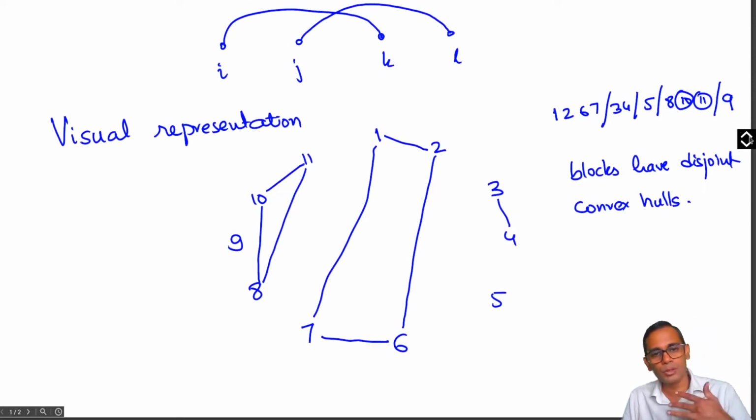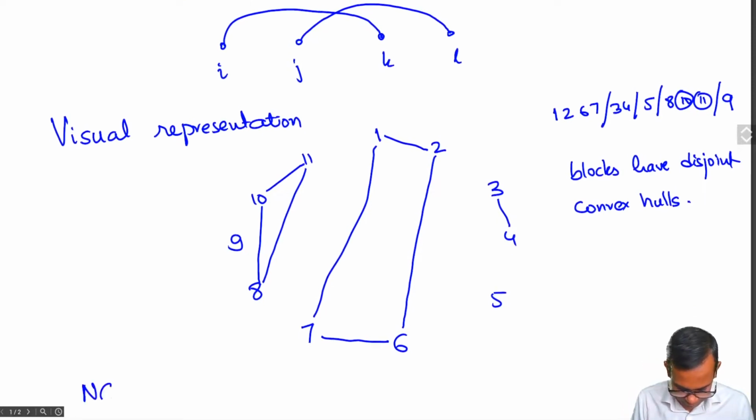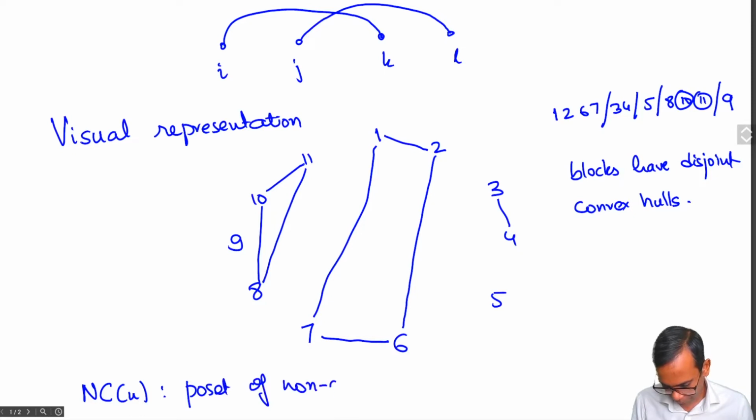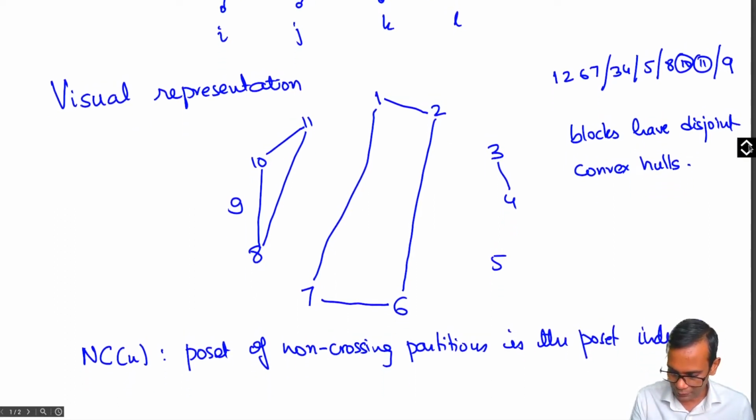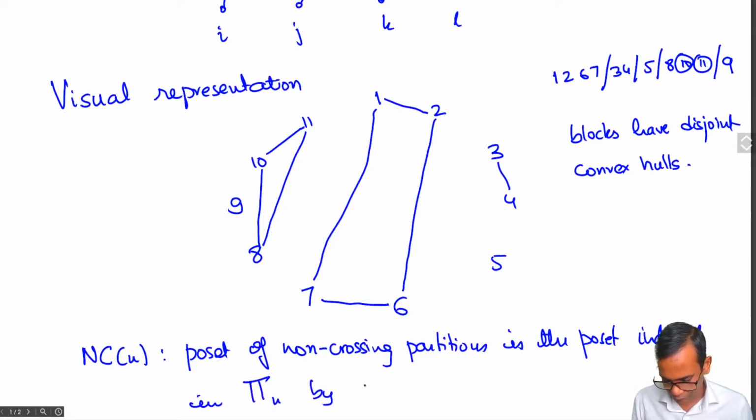The poset of non-crossing partitions is the poset induced in pi n. So the partial order is just inherited from pi n, that is the refinement partial order, by the set of non-crossing partitions.